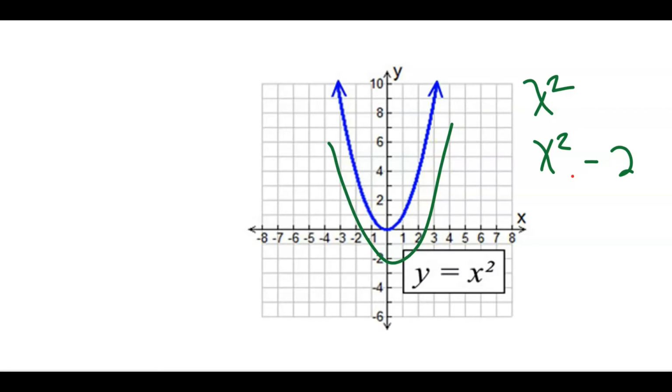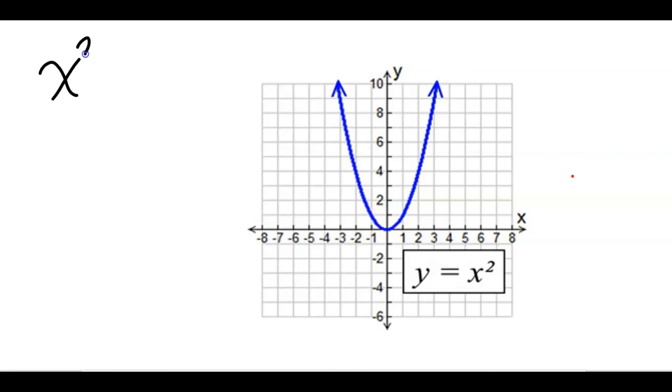Alright, so if I wanted to do multiple things to this graph, let's say my parent function was x squared, and I wanted to move it left 2 spaces and up 3.